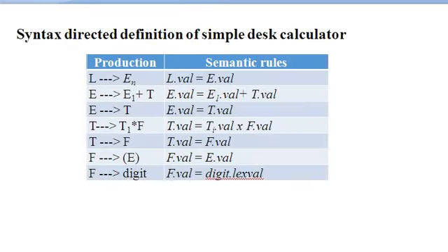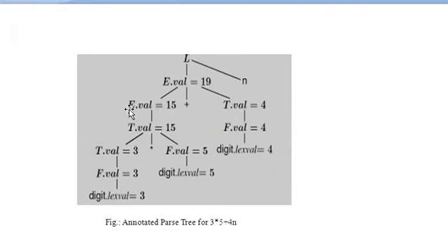T is derived from E. E gives T, so T dot value is stored in E dot value. So here I can write E dot value is equal to 15, because I can reach up to 3 into 5 plus 4 n from here.